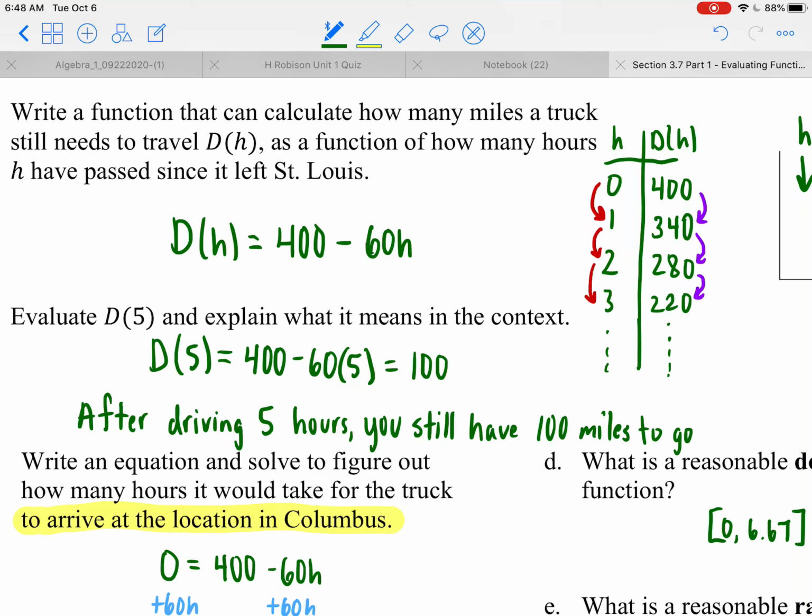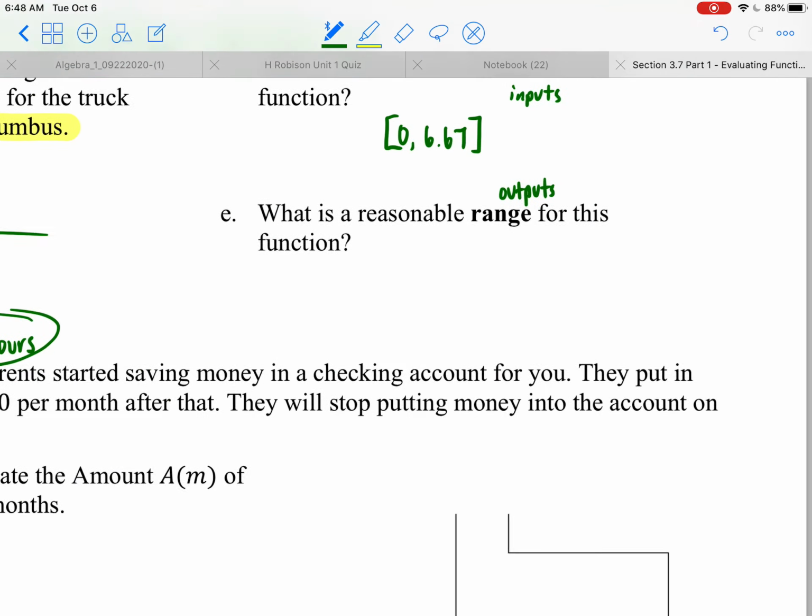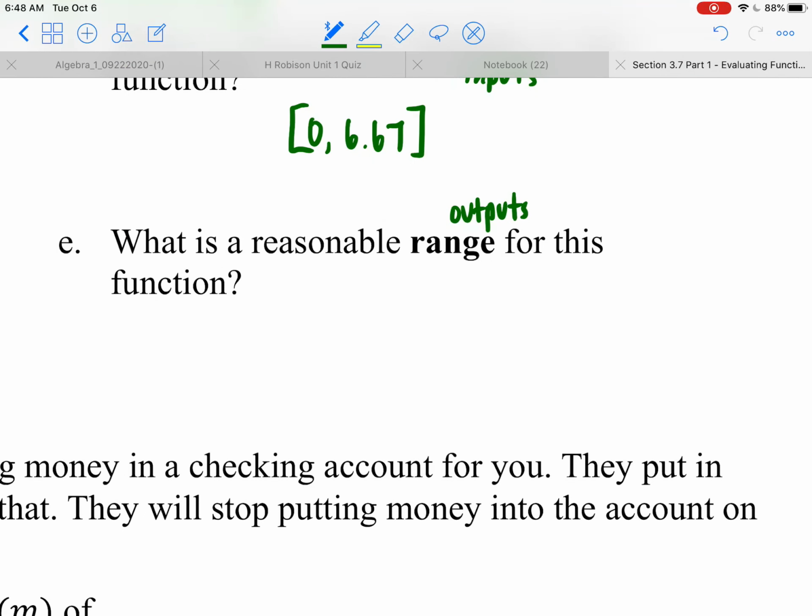The output, this number over here, is a distance in miles, right? So that number is a distance. So how many miles could we possibly have left in our trip? The lowest number of miles that we could have left to drive is 0. What's the highest number of miles that we could still have left to drive on our trip? What if we haven't left yet? How far away are we? We're 400 miles away.